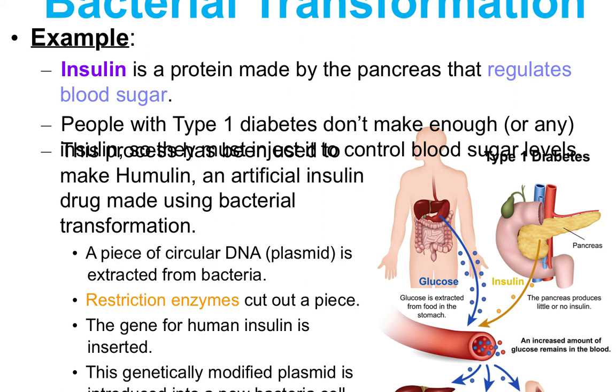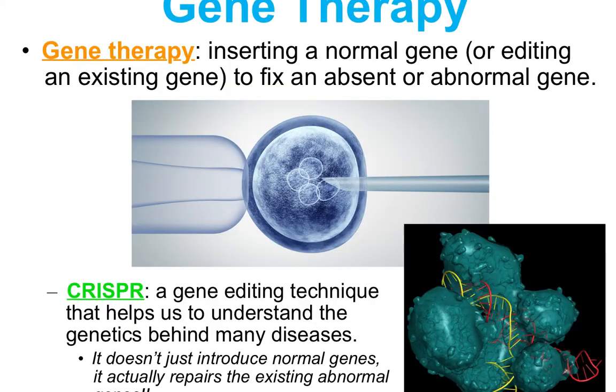Then they do what bacteria do, which is divide. They divide rapidly and replicate that DNA strand that was a piece of human DNA, and the bacteria will start to make human insulin, because they have the genetic coding to construct that protein.